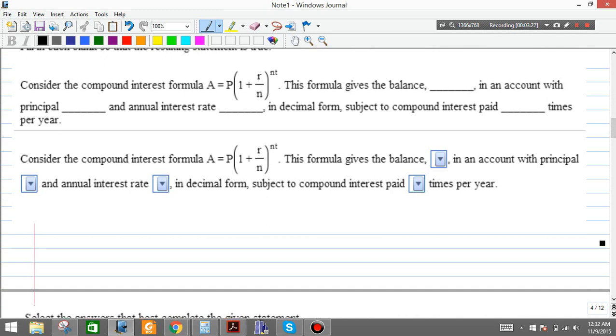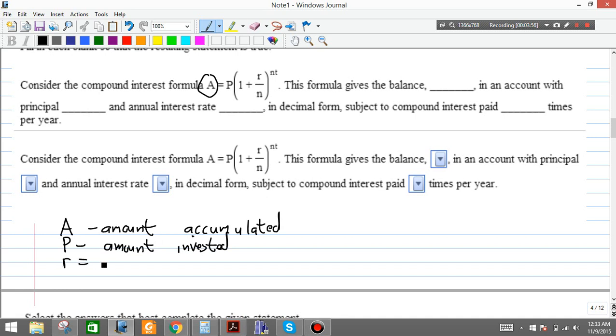This is the formula for compound interest. And so A is how much money you end up with. P is how much money you put into the bank. So A is the amount accumulated. P is the amount invested or owed initially.